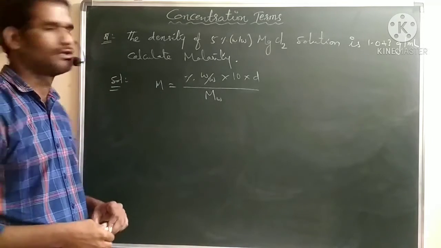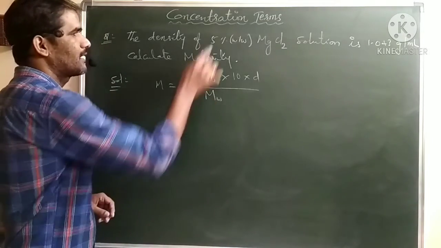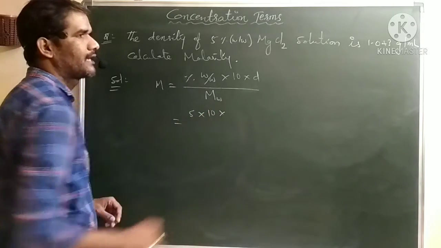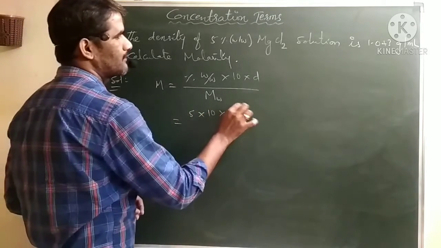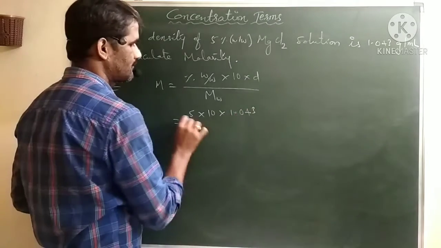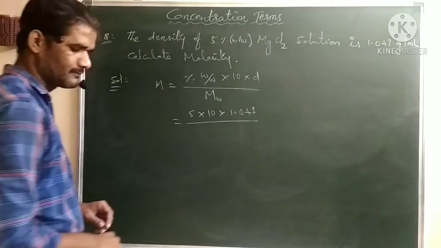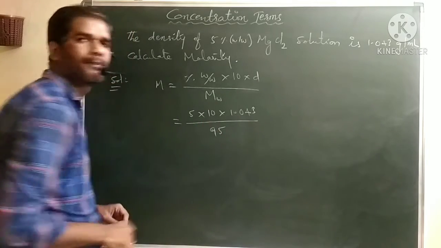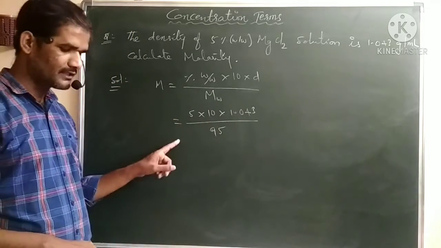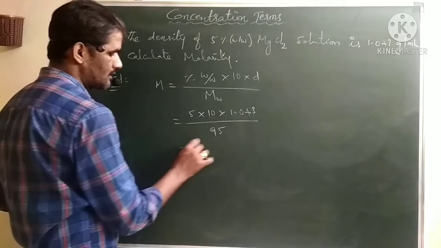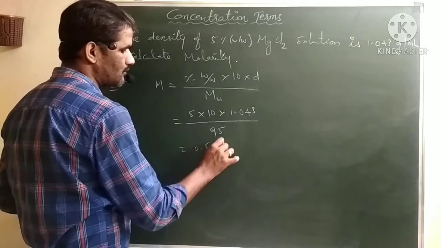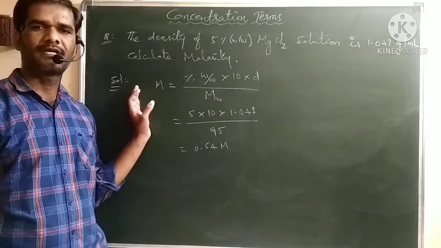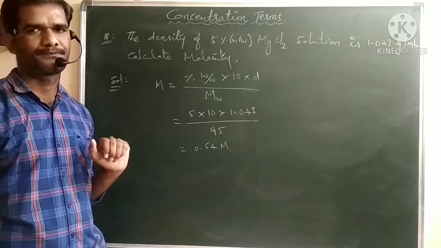Here the weight by weight percentage given is 5, into 10, and the density of solution is 1.043, by the molecular weight of magnesium chloride, which is 95. Again, if you simplify this, you will get 0.54 molar. Simple. Just we are applying all the given information in the formula.